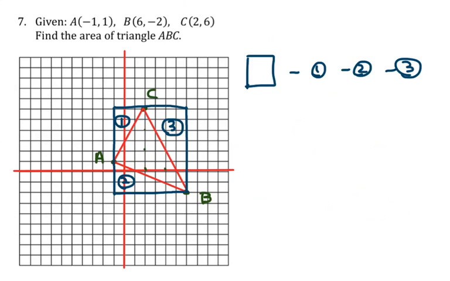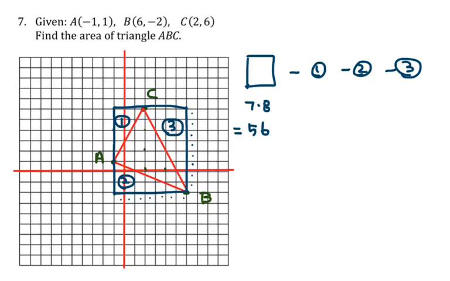So the box here, it seems like I'm looking at 7 by 8. So area is 7 times 8, which is equal to 56. How about the first triangle? Horizontal is what? 3. 3 by 5.